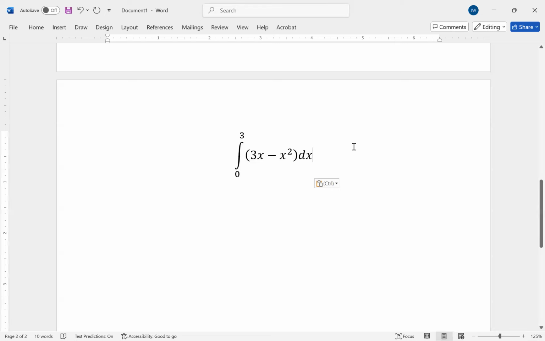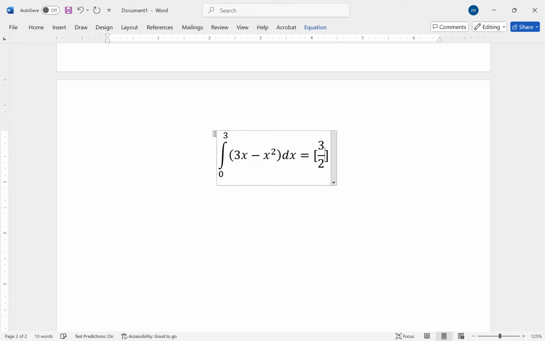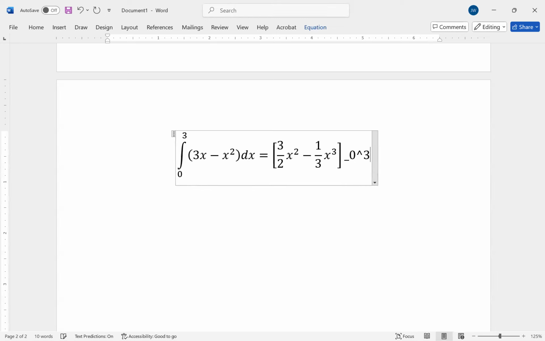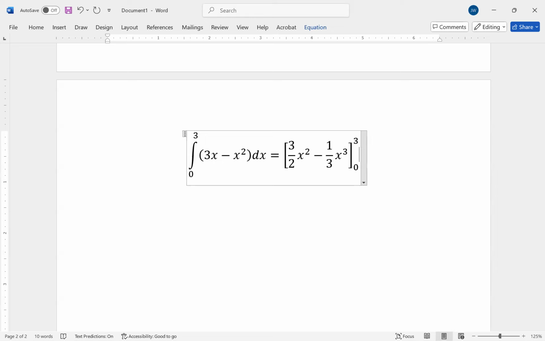Okay, so here we go. First thing I have to do is find an antiderivative. Doesn't matter which one, but I'll use the antiderivative with 0 as the constant. So we get 3/2 x squared minus 1/3 x to the third. And then I'm going to plug in 0 and 3 as my bounds. It's not always going to be 0 and 3, but in this case it is.